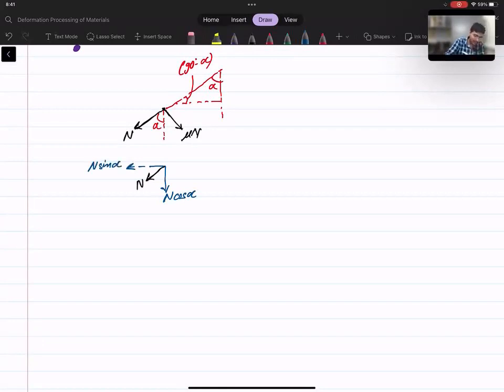Okay. And similarly for this mu n, let me draw it a little further.